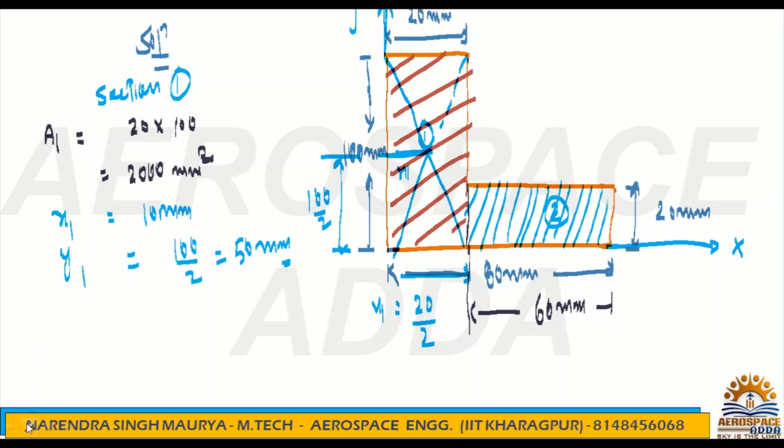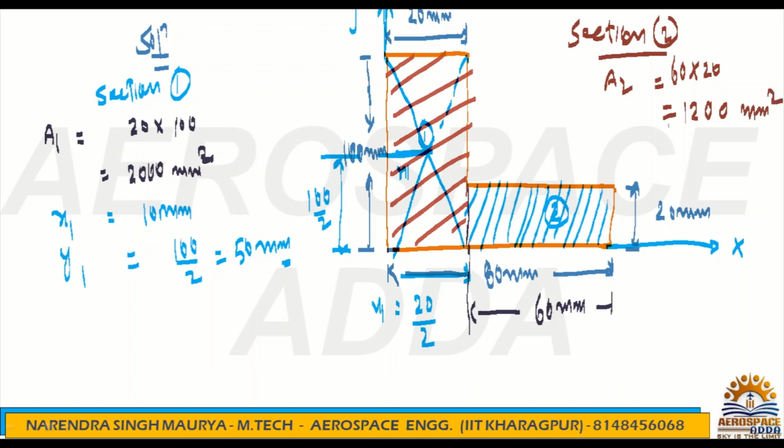That is all for section 1. Similarly, we can perform the calculation for section 2. What is the area for section 2? It's 60 into 20, that is 1200 mm square. What is x2? We have to calculate x2 for this. This 20 is already here because our reference for x is the y axis.